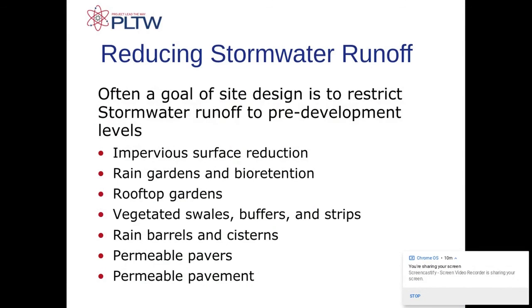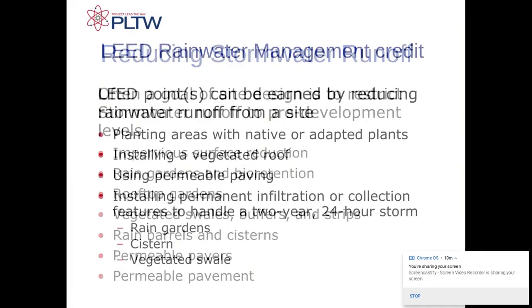look at alternatives like, okay, instead of regular pavement, there's something called permeable pavement where water can run through it. You can introduce more vegetation. You can do a rooftop garden. You can put in rain barrels. You can do lots of other stuff.